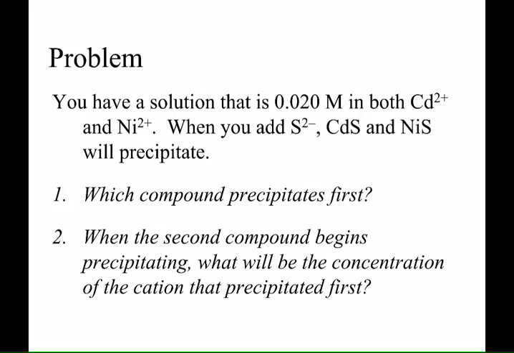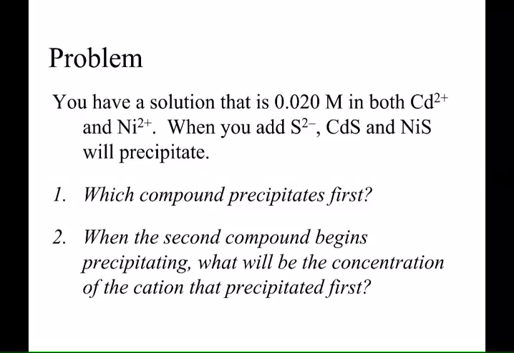So let's do a problem. I'll try not to get my cadmium and nickel mixed up. We have a solution, and like you saw a minute ago, in that solution we have cadmium and nickel 2. I'll see if I can make a picture of this.